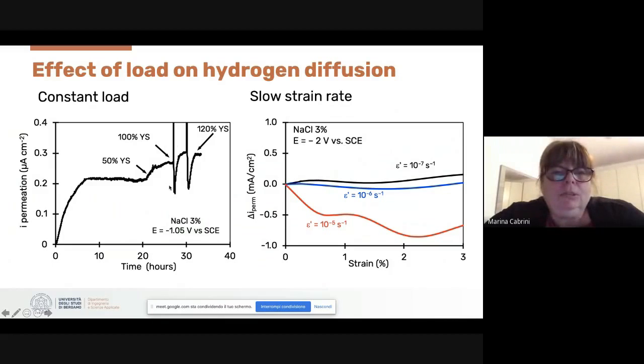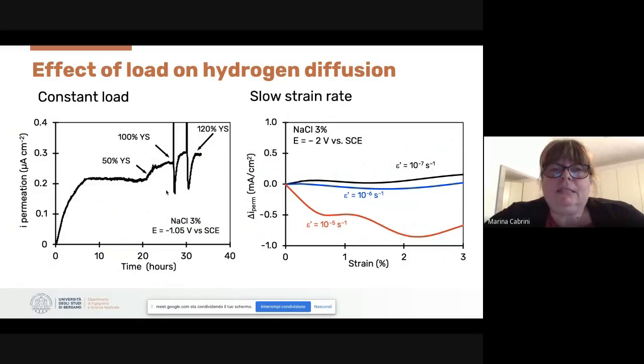When the load is applied in the plastic field, there is a complex effect in which we have a sudden increase of the anodic current, followed by a strong decrease. But after a transition time, it was possible to observe that the hydrogen flux reached the steady state. What was due to this effect? It was attributed to two effects.